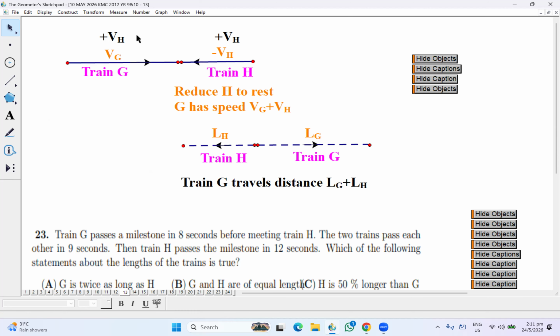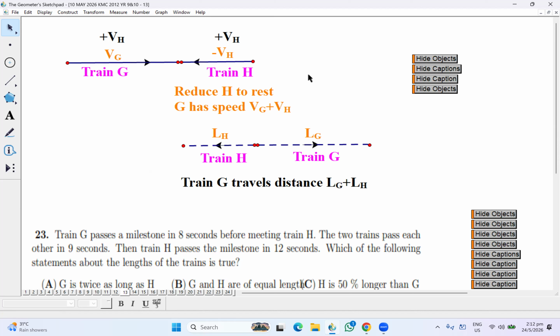This is usually very confusing when I was teaching. I know many students take some time to understand. But one thing I'd like you to imagine is that the earth is moving. So if you are standing stationary, you are already moving, but you don't care about the rotation of the earth.